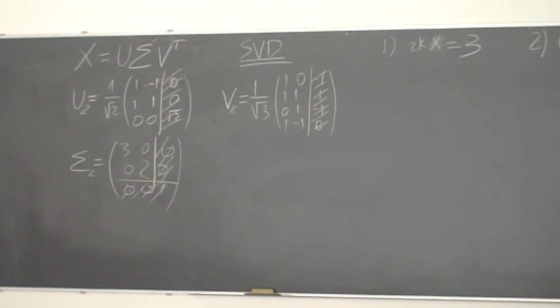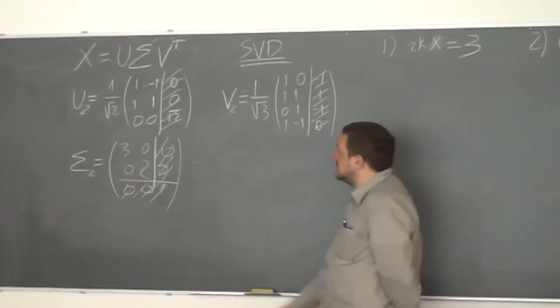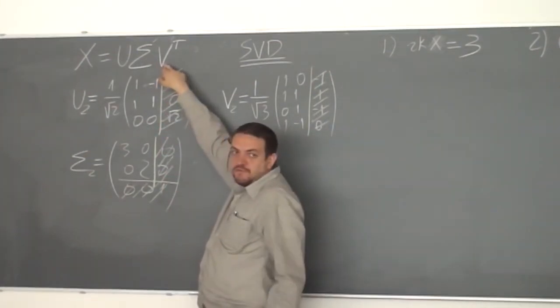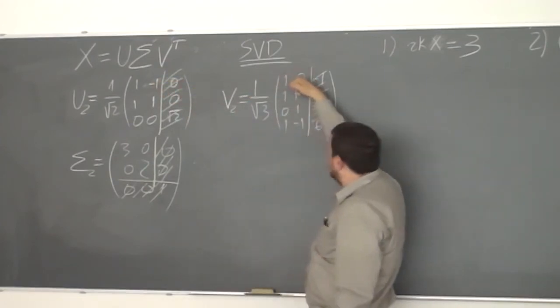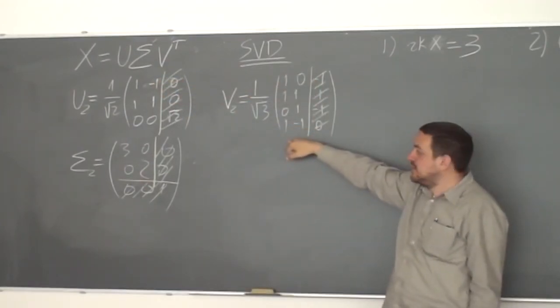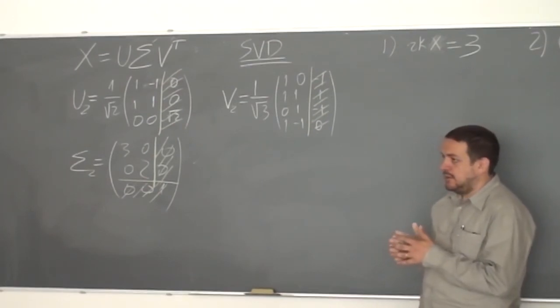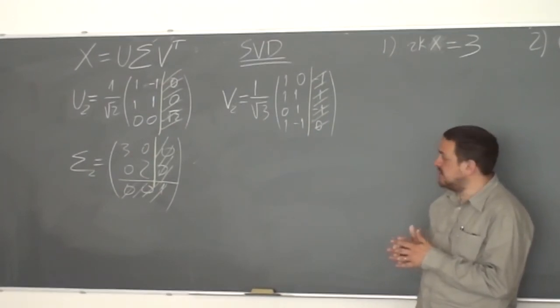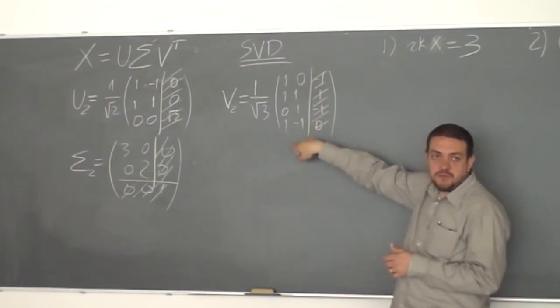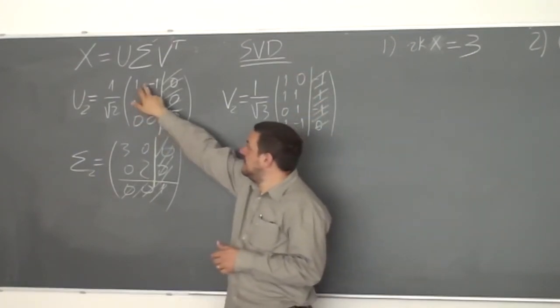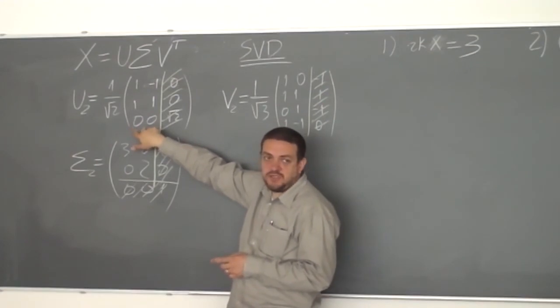Remember that the number of documents is the number of columns of matrix X. So it's the number of columns of V transpose, so the number of rows of V. Okay. So we are dealing with a document set with 4 documents in a 3-dimensional TF-IDF space.